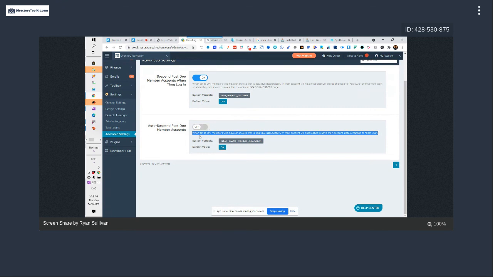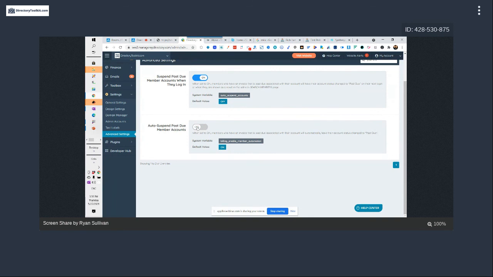But the problem with that is there's no warning of your overdue stuff. It's just, boom, it's suspended, right? So it's kind of up to you how draconian you want to be on cutting them off or suspending them. If you want it immediate, where they just get the emails and they know they're suspended, that may do some damage too if they log in, see they're suspended and then want to pay.